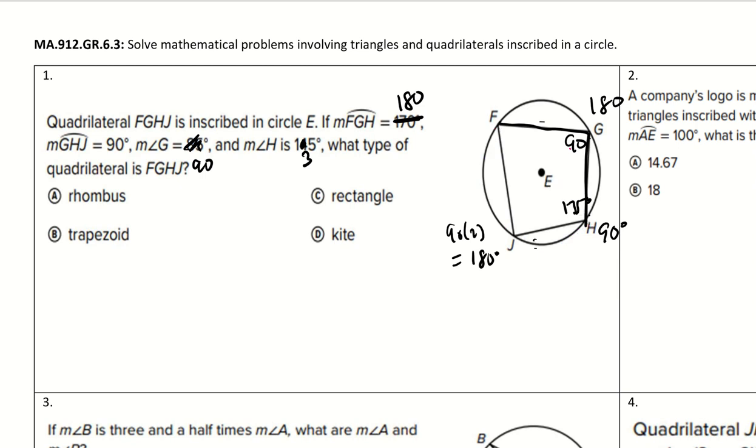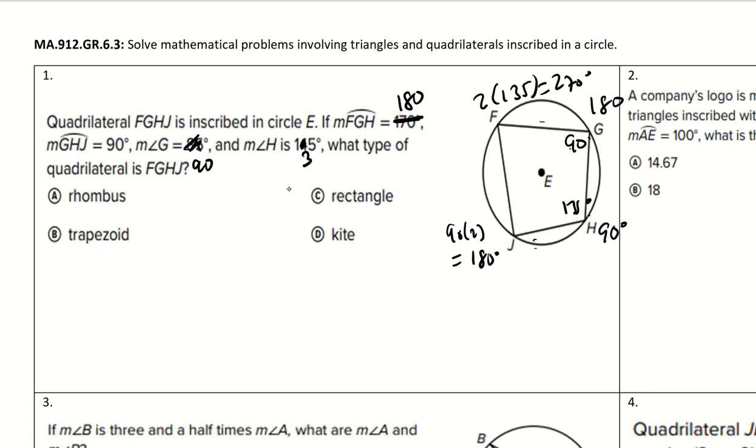All right, and then this is also an inscribed angle, which means that its intercepted arc is double that angle. So in order to get that, we just got to double the 135. So 2 times 135 is 270. Okay, so that's this arc here, from here to there. All right.